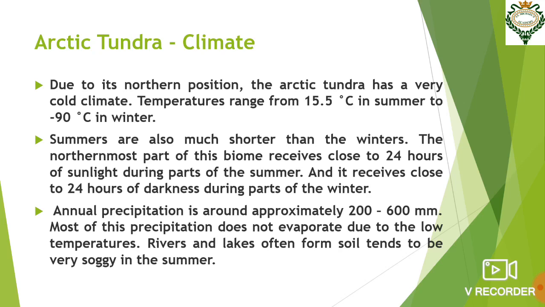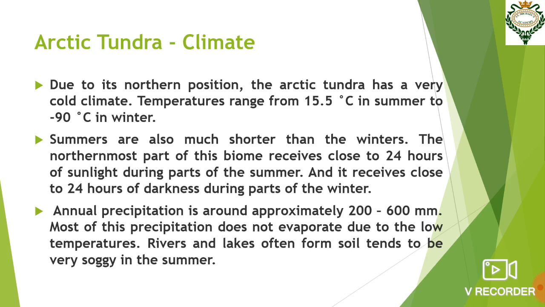The northernmost part of this biome receives close to 24 hours of sunlight during parts of the summer, and it receives close to 24 hours of darkness during parts of winter. So we can say that the Arctic tundra experiences two seasons, summer and winter.